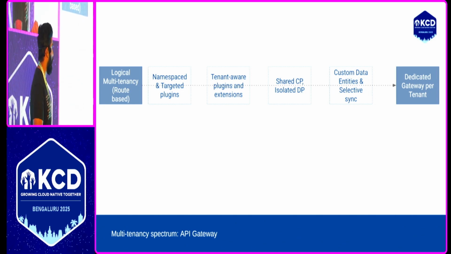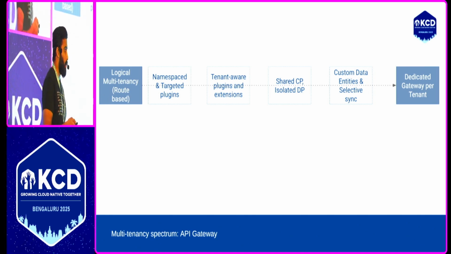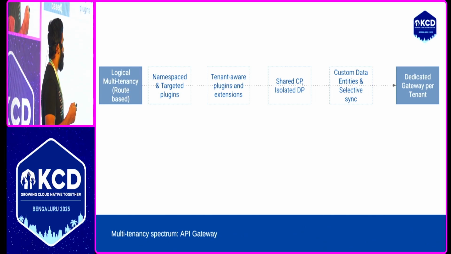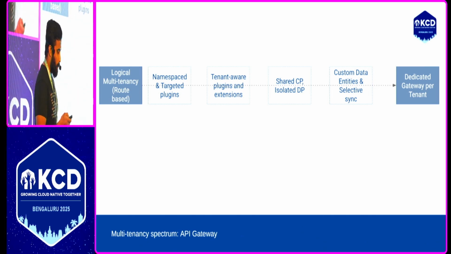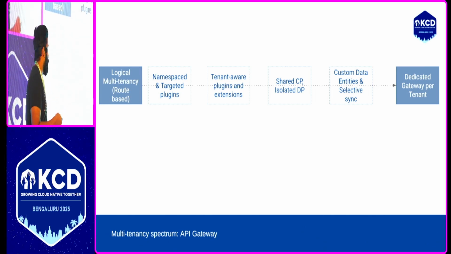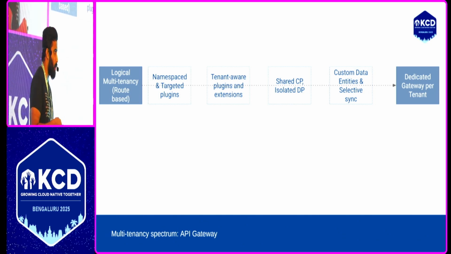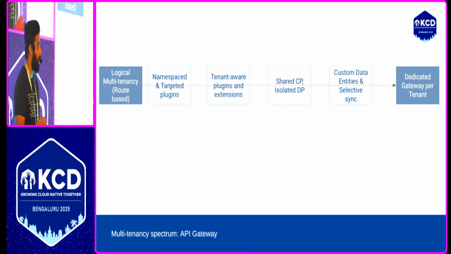But this also has the problem of the configuration being shared across all data planes. And then moving further, there's another way to solve this, where you have custom data entities in Kong and then selectively sync the configuration to the data planes.